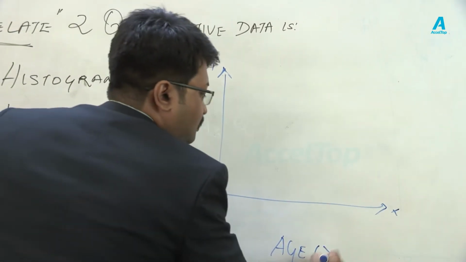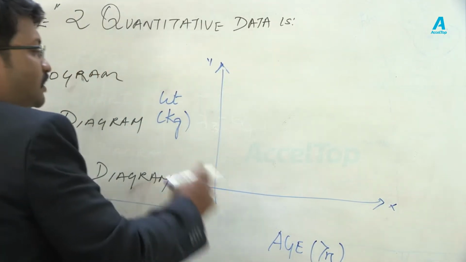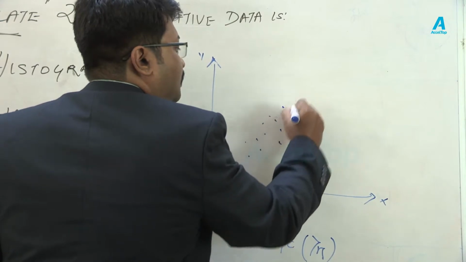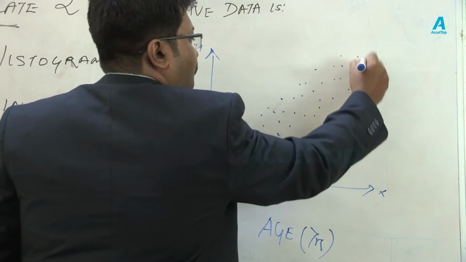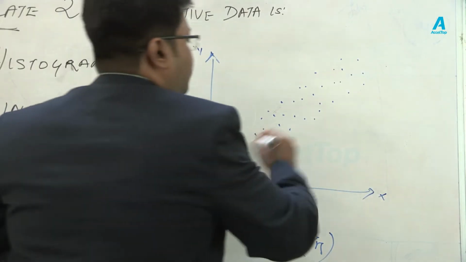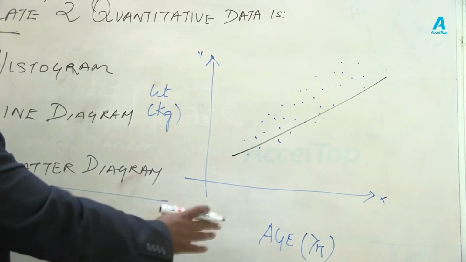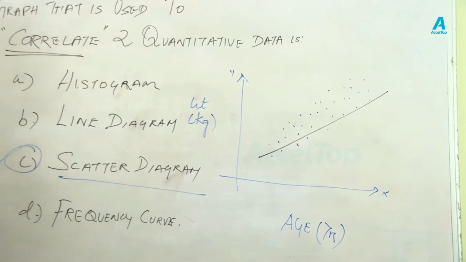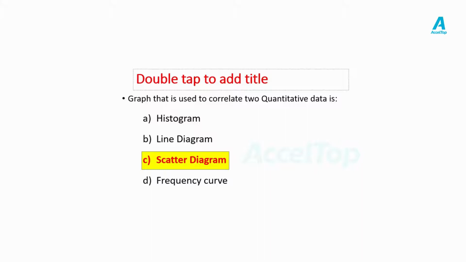As the age increases, the weight of the person increases, and we can find that out from the scatter diagram. The scatter plot is in the upward direction, showing that as the age increases, the weight also increases. So the trend line shows there is a positive correlation. This is shown only by means of a scatter diagram. So the correct answer is option C.